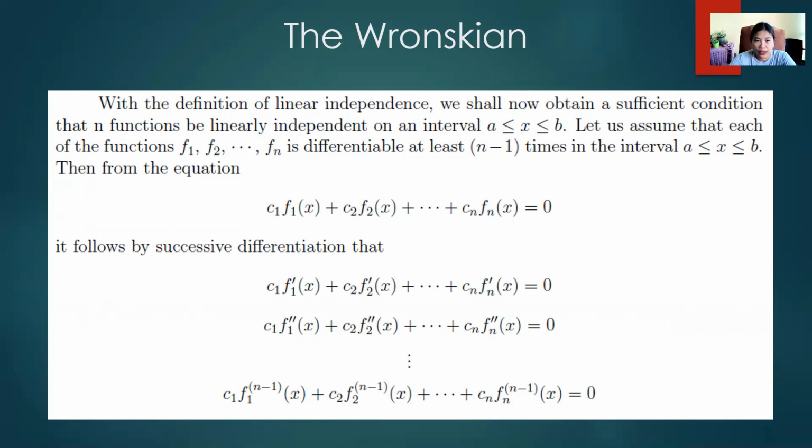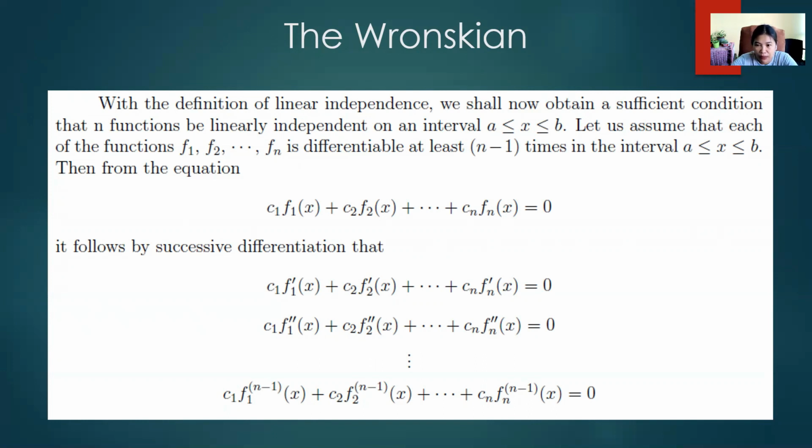Let us assume that each of the functions is differentiable at least n minus 1 times in that particular interval. Then, the given equation C1 F1 of x plus C2 F2 of x up to Cn Fn of x is equal to 0. It follows by successive differentiation.